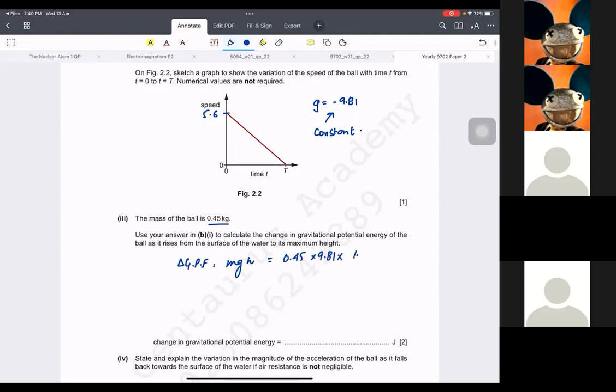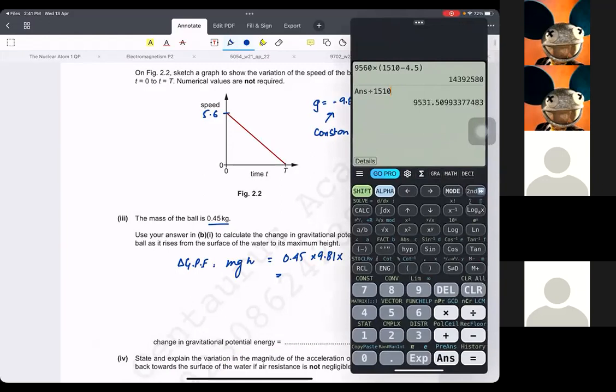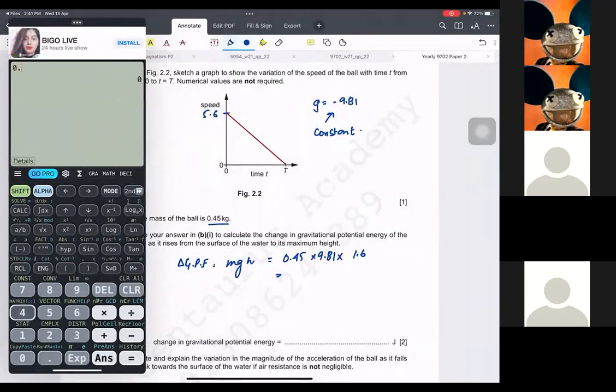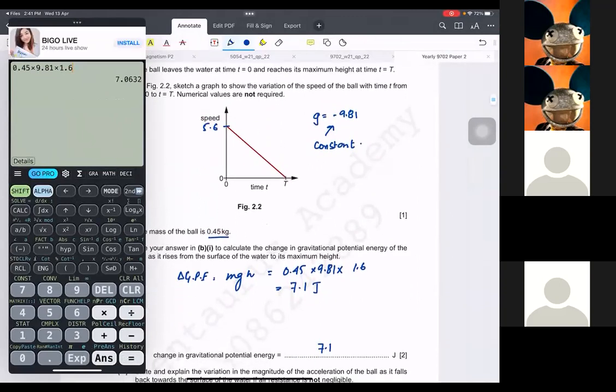And the height was 1.6. So this is 7.1 joules. Right? Okay. Wherever you think you need help, please let me know.